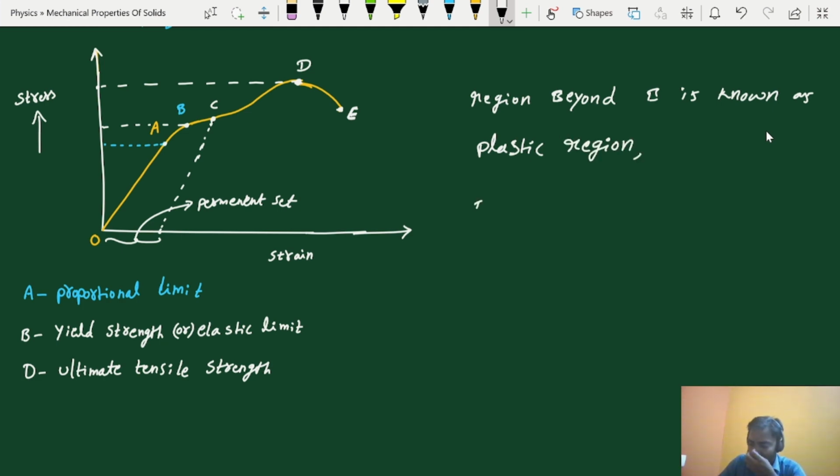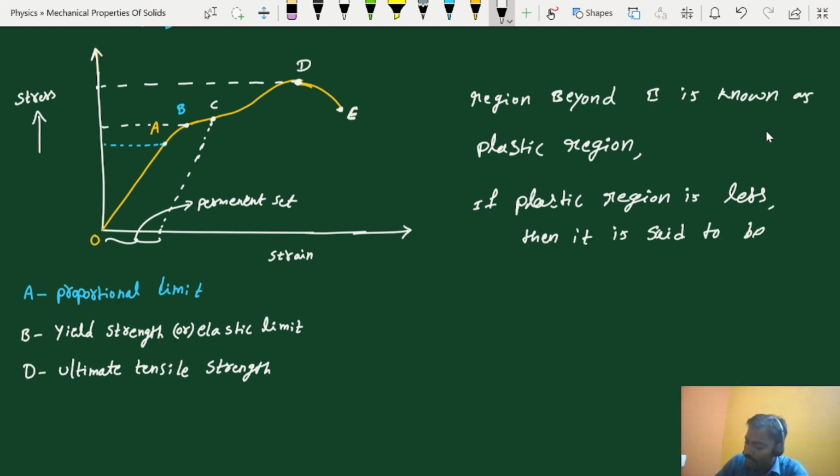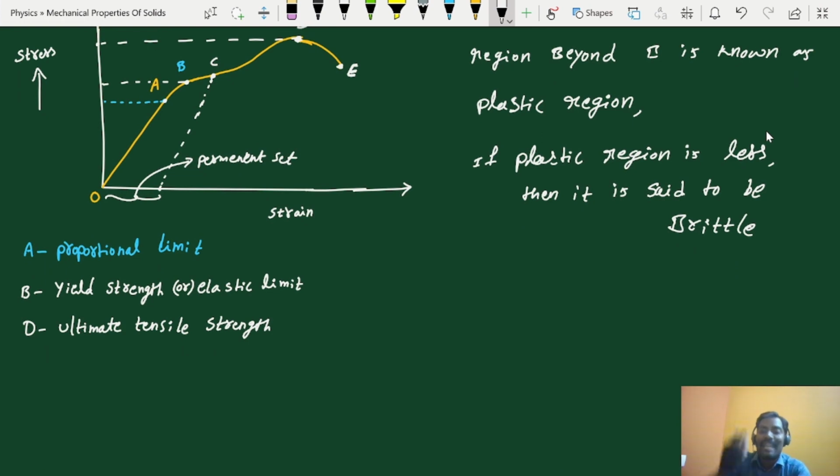If the plastic region is less, then the material is said to be brittle.